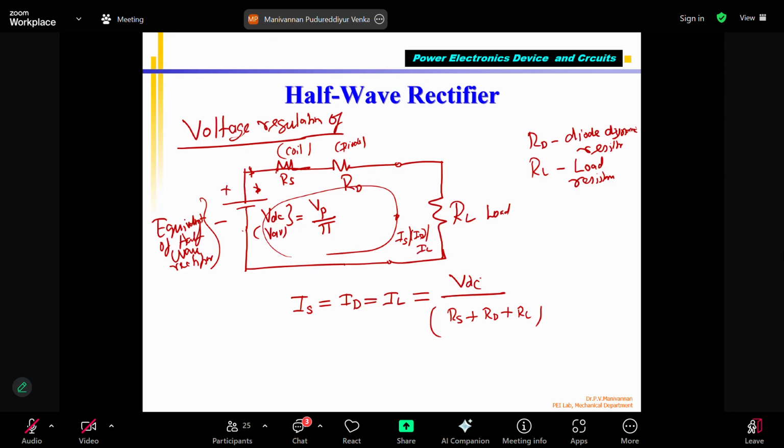You can compute using this formula. This is how to compute the load current.